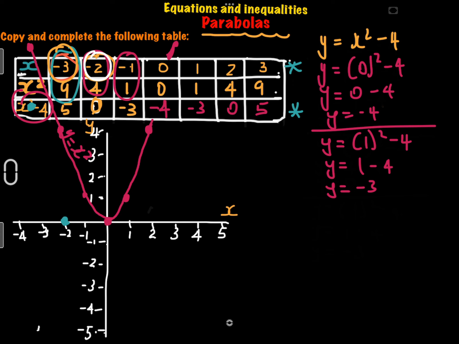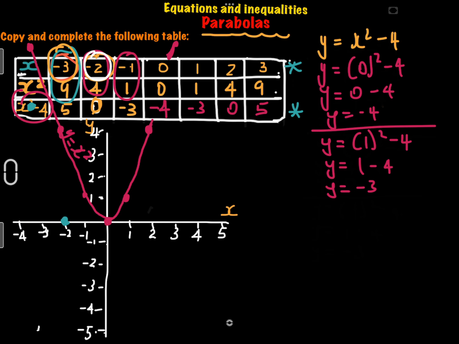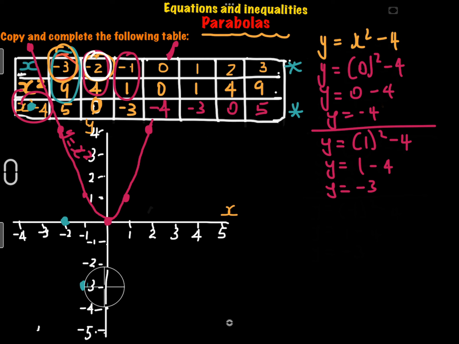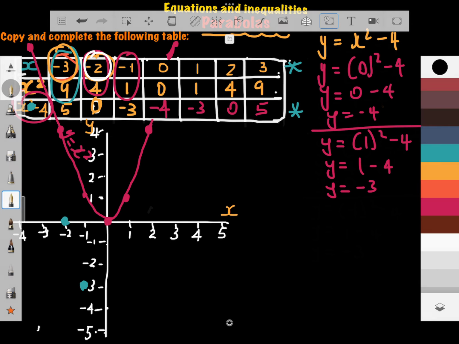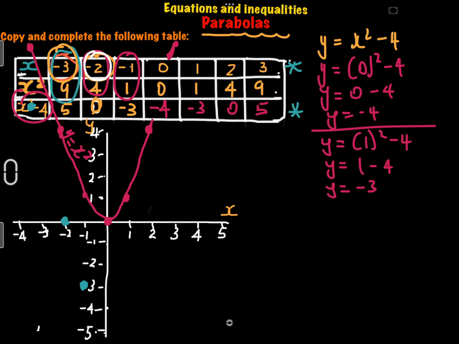When x is equals to 0, y is equals to negative 4.